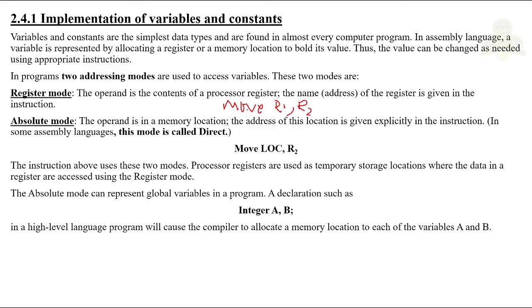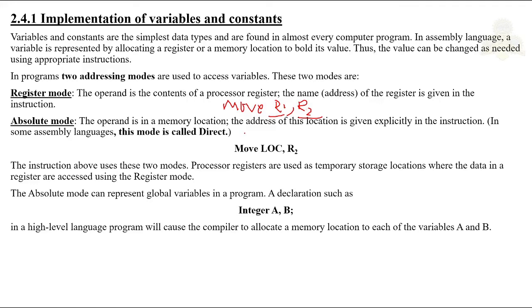This is an example of register mode. Here the operands are the contents of a processor register, that is R1 and R2 are the operands here. That's why we call it a register mode. Both the operands are the contents of a processor register.